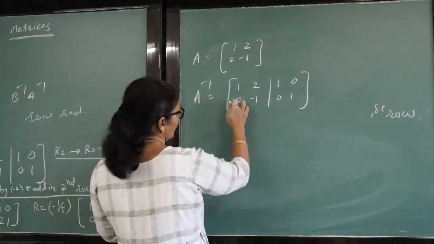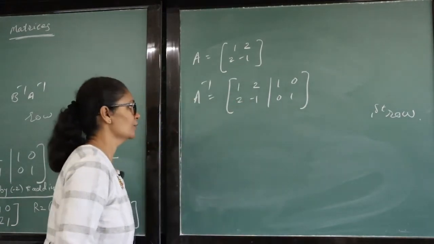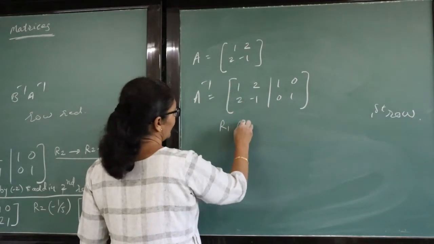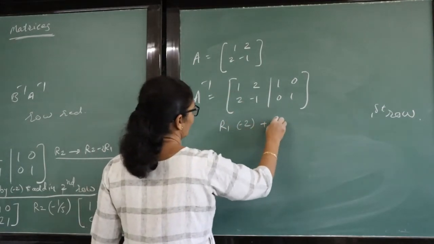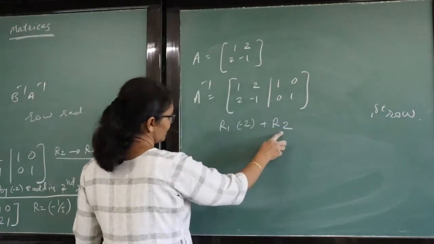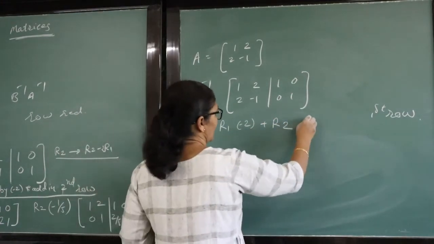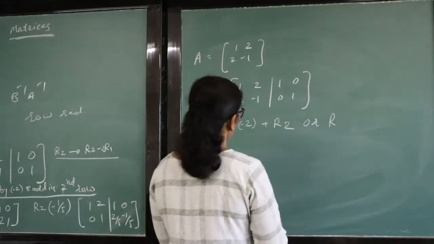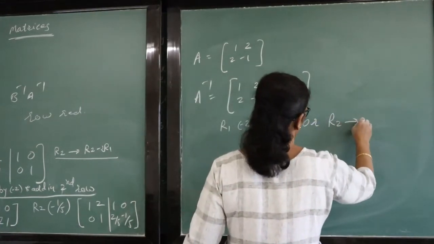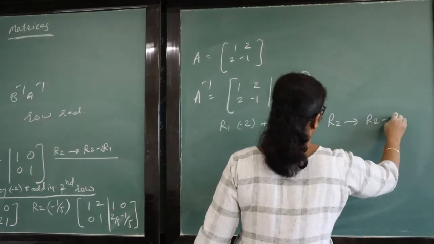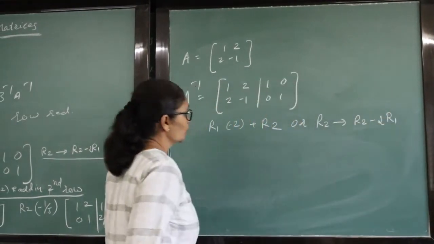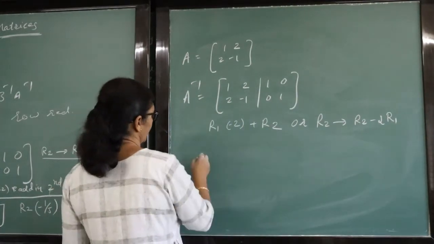First, what do we want to reduce? Here we want to make a 0. So we can write row number 1 multiplied with minus 2 and added to row number 2. We can write it this way also. Otherwise, I already explained how you can write it: we are going to make a change in R2. So R2 minus, by which number are we multiplying? 2. That you can also write.